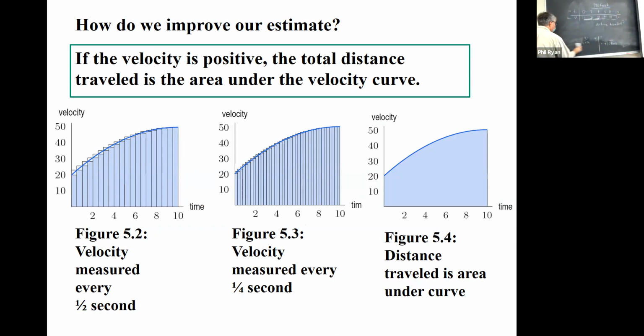Okay, so we've done numerical, we've done graphical, so I should give you a formula problem. Okay, so let's say the velocity is 5t squared.